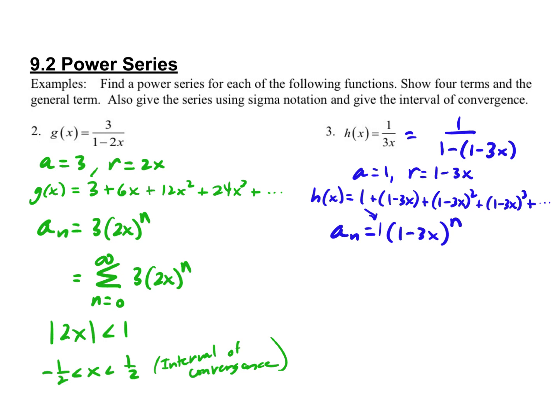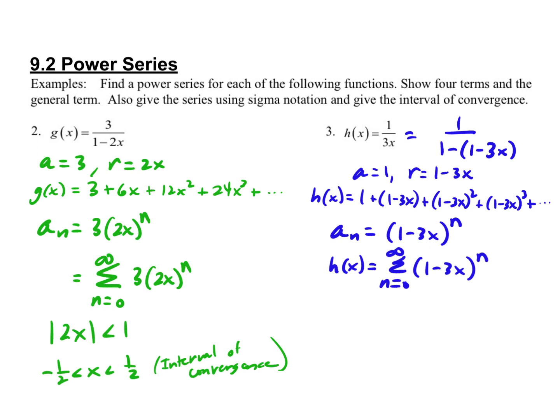But if you wanted to, you could, just to get in that habit of first term times the common ratio to the nth power. Since the first term is 1, in order to ensure that this first term is 1, I'm going to start at n equals 0. So this is really what I'm going to use in my sigma notation. This time I will not forget to do the interval of convergence.